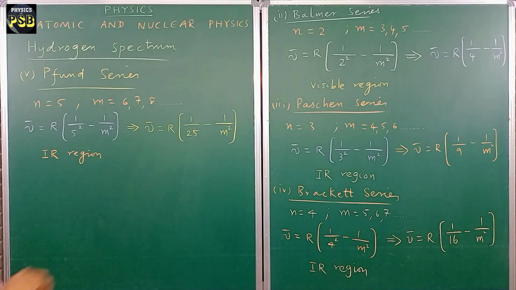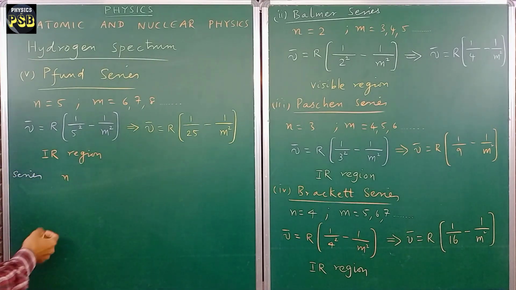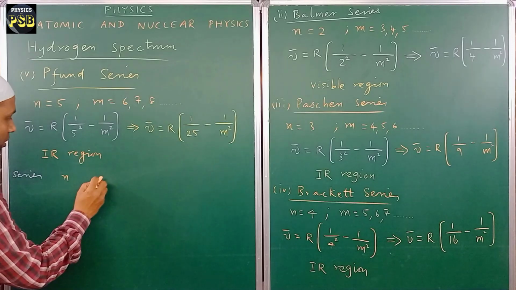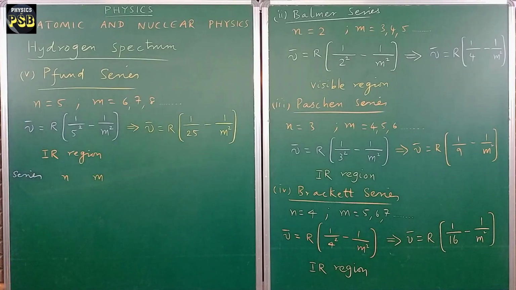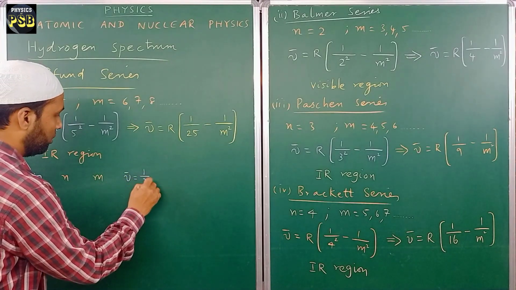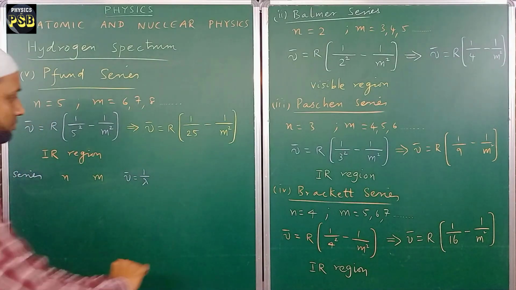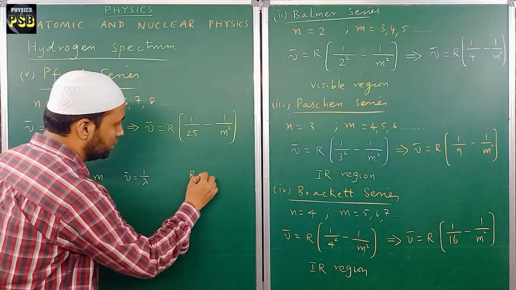So for this I'll take the series, then the value of n, after that the value of m, then the wave number, which is the reciprocal of lambda. At the end, the region where the spectral series falls.